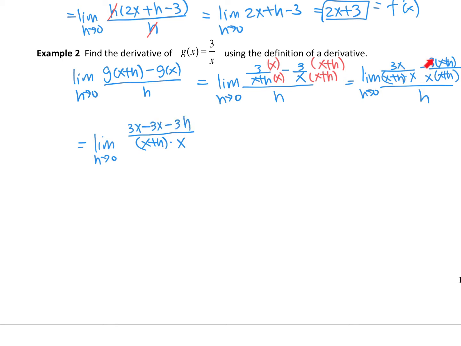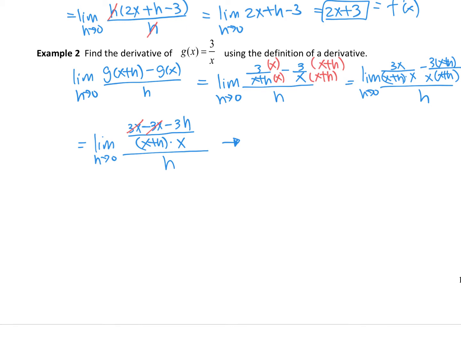How do I get that? I distributed negative 3 to the x and to the h. All over h. Okay, I have that cancellation, so it got a little bit simpler. Now I'm going to have you finish the rest of it and see what answer you get.